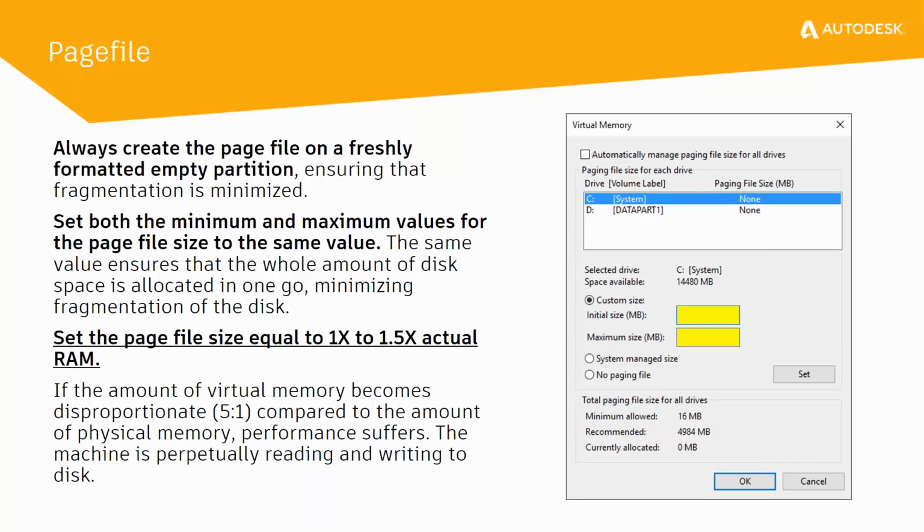Well, you should equate that to your RAM. So somewhere around 1 times to 1.5 times actual RAM size. So on my system, I think I've got 32 gigabytes. So realistically, I should be defining my initial size and my maximum size as 64 gigabytes in each of those two locations.